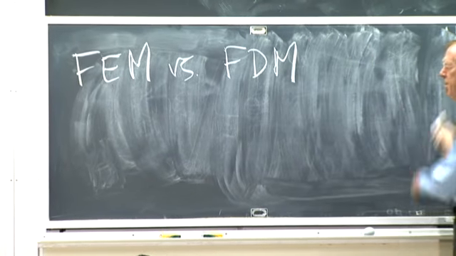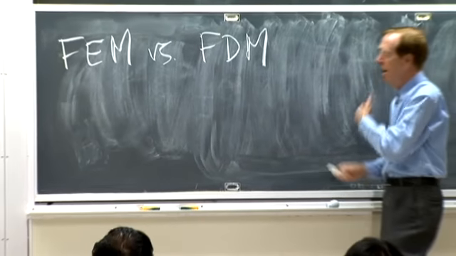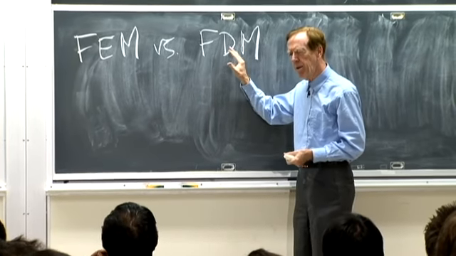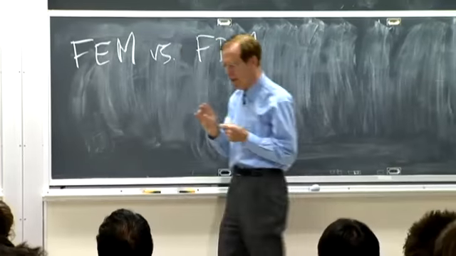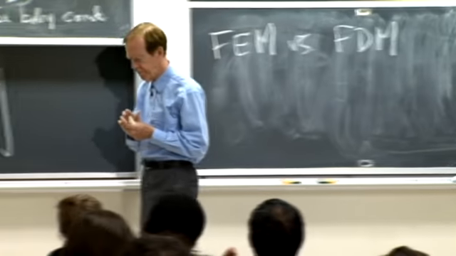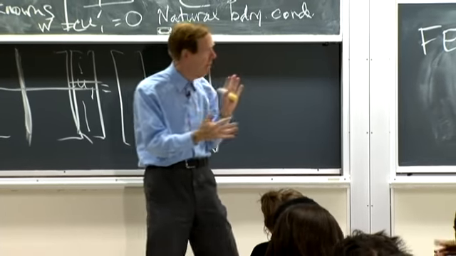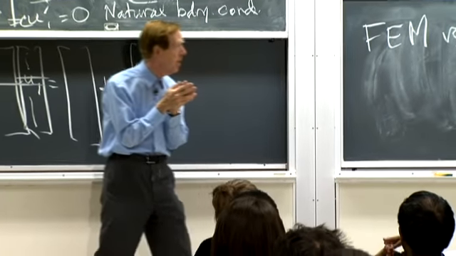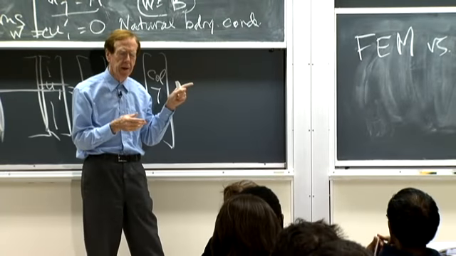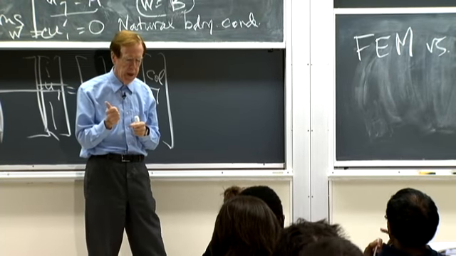And of course, there are other methods too. Okay. I could think about finite differences. One way of seeing them together is I could think about finite differences this way.